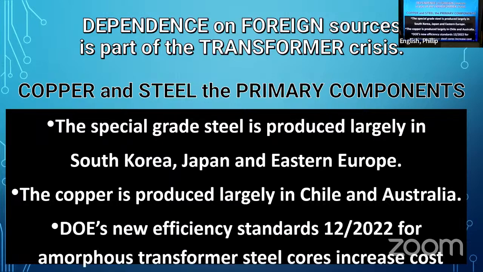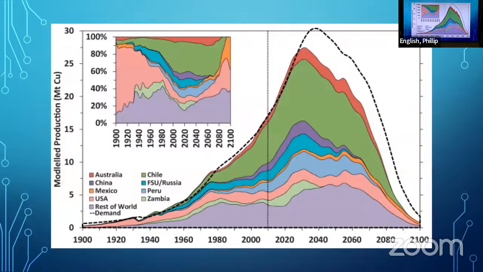Another problem is the Department of Energy's new efficiency standards put out December 2022 for amorphous transformer steel cores that increase the costs and slow the production of what we need and make us yet more dependent on foreign countries. This is just a beautiful graph of the foreign countries that we are relying on right now.